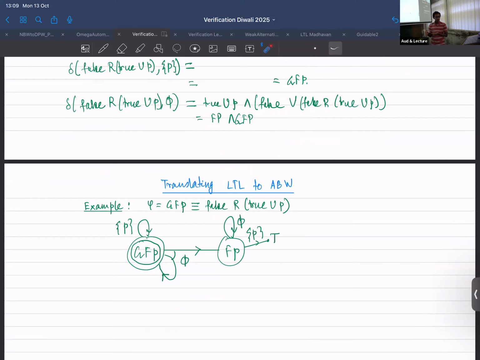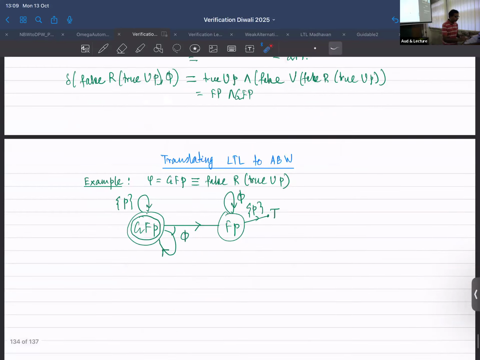Globally, eventually P, right? So suppose after a while, you see a finite number of P's, and after a while, you don't see a P anymore. This is my initial state. So will that word be accepted? Why? What's happening? You are seeing some number of P's.